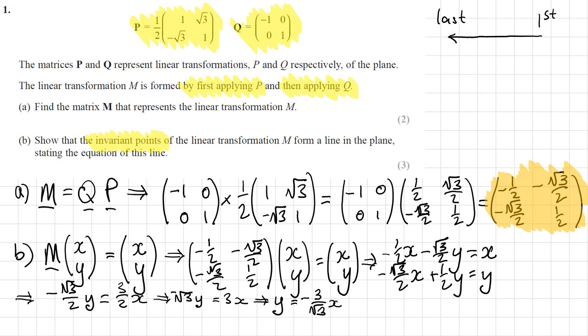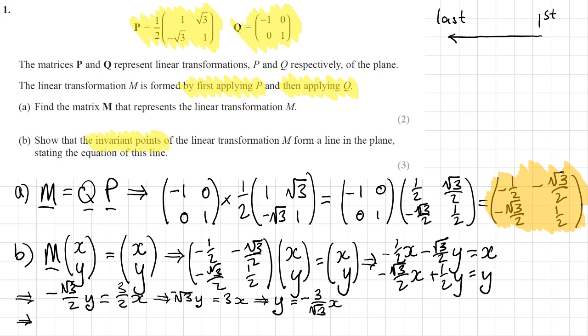I'll do the same with the bottom row here. Now if I've got the invariant points, then the second equation that I form should be the same as the first, or equivalent to the first. So the second row, I have this half Y. So I'll take away half Y from both sides.